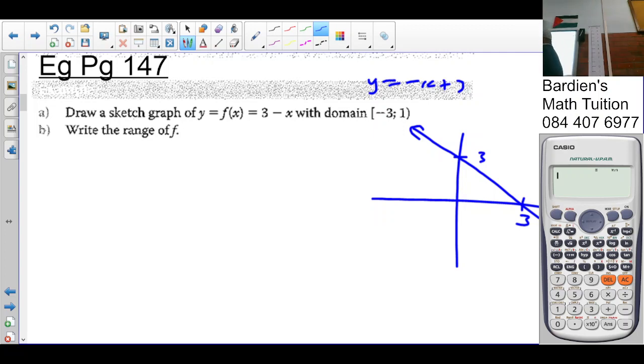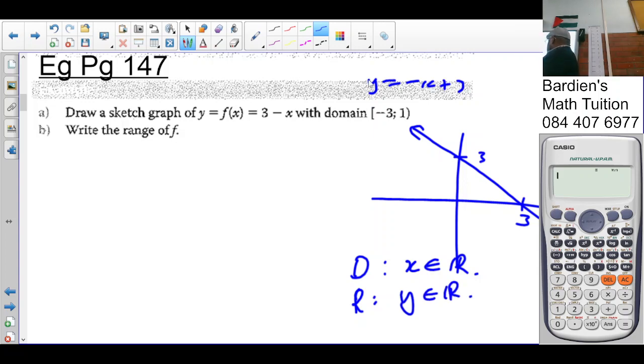If this is the case, then your domain of this graph is x is an element of all real numbers. That means to say that all the values exist for x here. Can you see that? What's the range of this function? The range is all possible y values. Can you see this graph goes to negative infinity, positive infinity? Can you see that? So you say y is an element of all the real numbers.